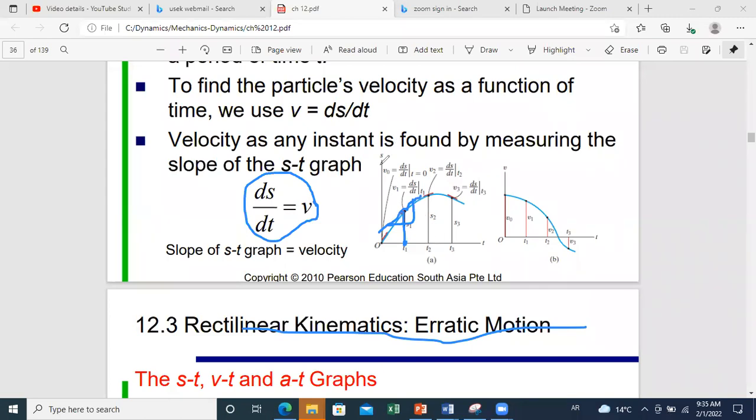So if they give me the s graph as a function of time, I can deduce the value of the velocity at any point. And then taking several points, I can construct the velocity diagram. So I can deduce the velocity diagram from the position versus time diagram.